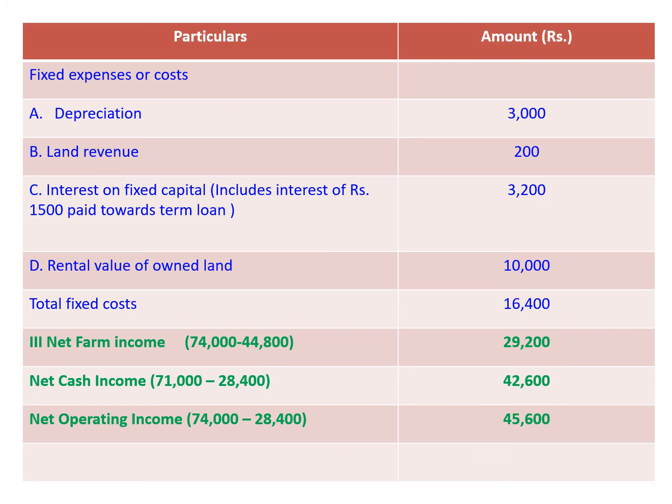And our net operating income, as we have seen in earlier slides, is gross income minus total operating expenses. So that comes to 74,000 minus 28,400 rupees, and it is 45,600. So these are some concepts.